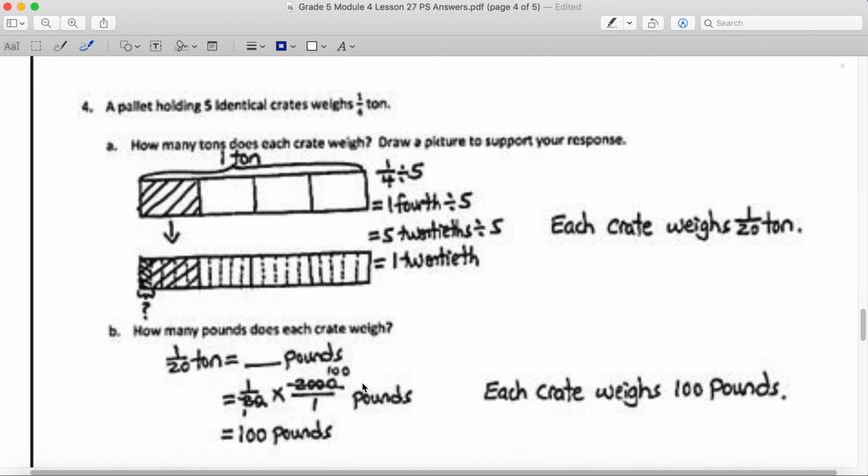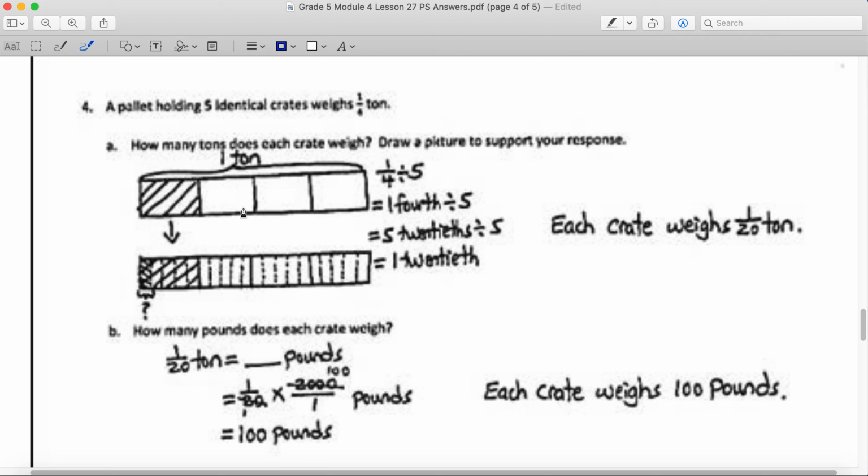Number 4, a pallet. This one might be a little tricky. I was reading this one earlier, and I probably would have solved it a different way, but let's go with it. A pallet holding 5 identical crates weighs 1/4 of a ton. I probably would have drawn 5 crates, but let's see what they did. They did it from the tons. Here's 1 ton.